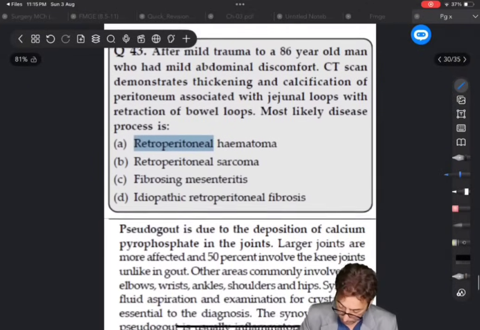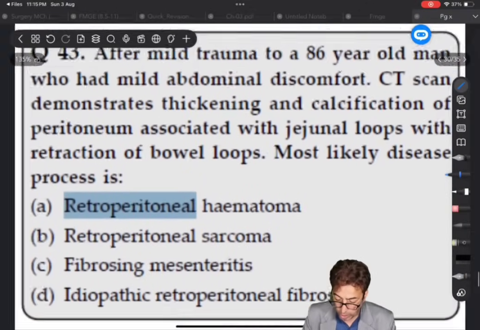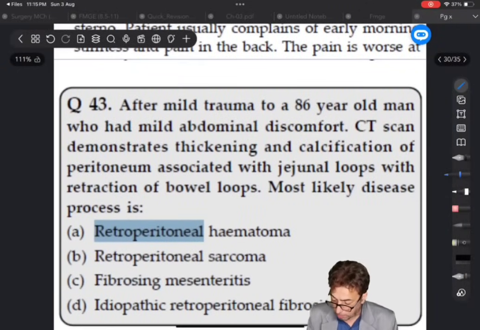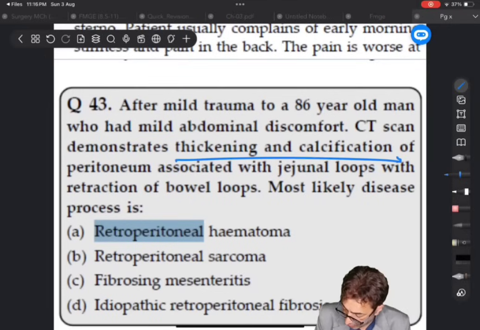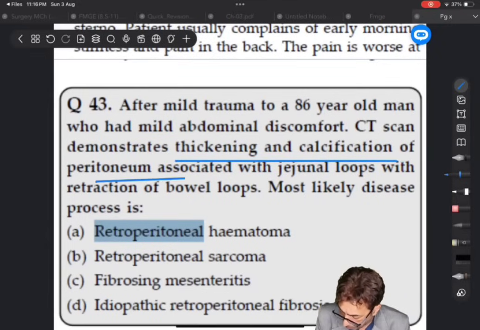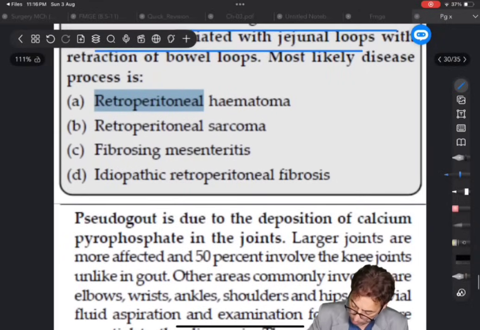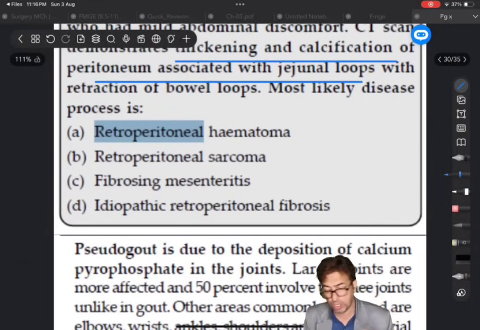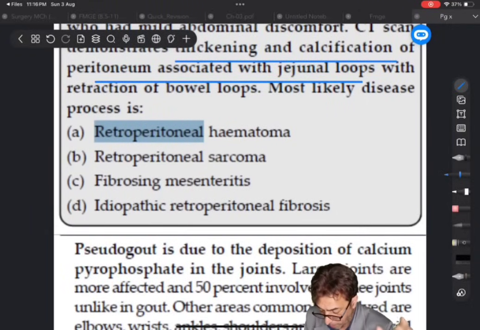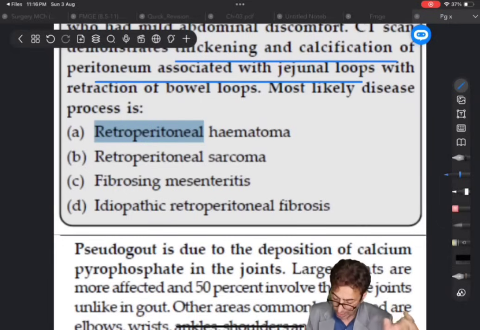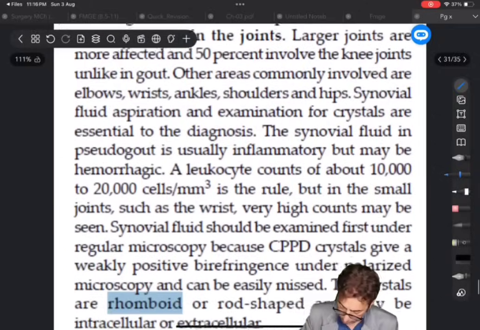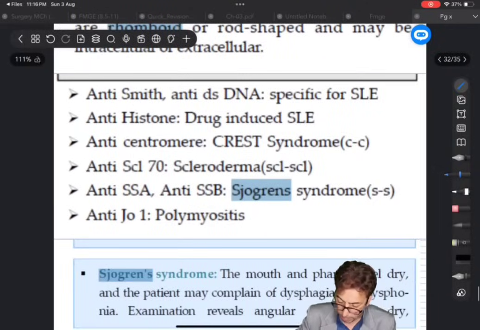Then there were multiple questions which I had already given: thickening and calcification of peritoneum with jejunal loops, where the patient had mid-abdominal discomfort, and a case scenario of a retroperitoneal hematoma. So there was a collection behind the peritoneum, and you have to recognize the retroperitoneal space and what it would present with. Then, I have mentioned pseudogout.